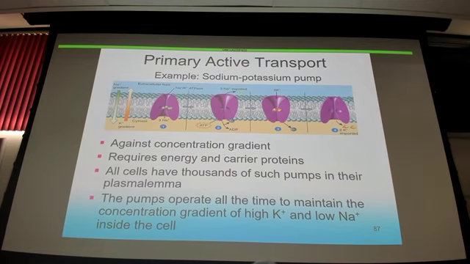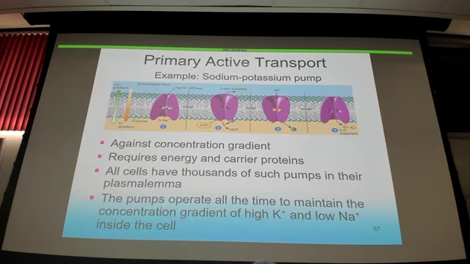Fair enough? In order to do that, we're going to have a protein in here, in this case called a sodium-potassium pump. There are lots of different ones, like calcium channel pumps. We're simplifying, but there are a lot of these within that membrane. Since sodium and potassium are in different amounts inside and outside of the cell, this pump helps establish that, along with other things, and helps maintain the difference of those ions.